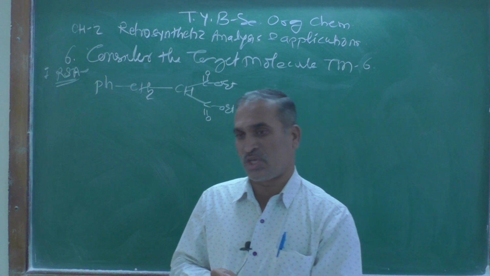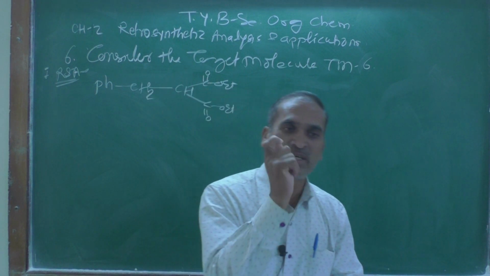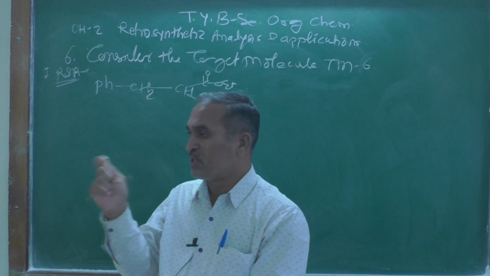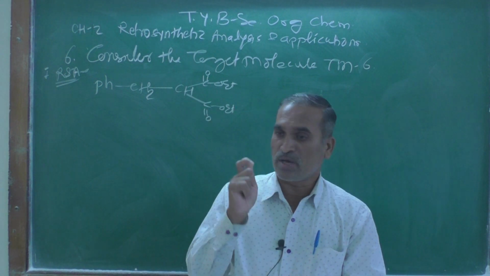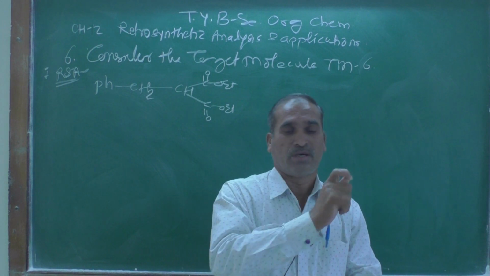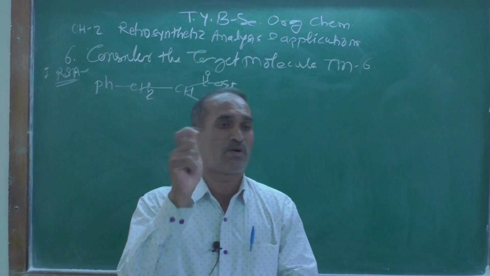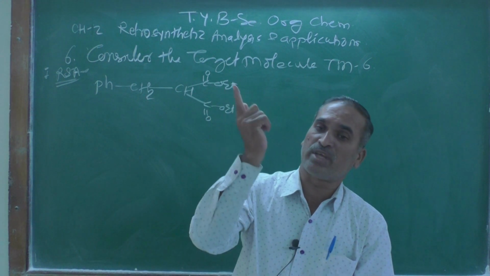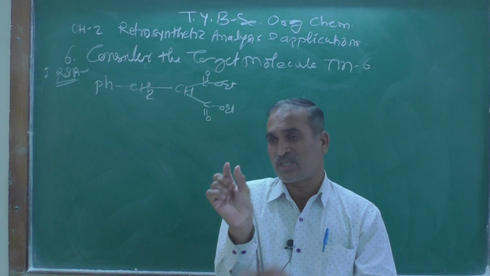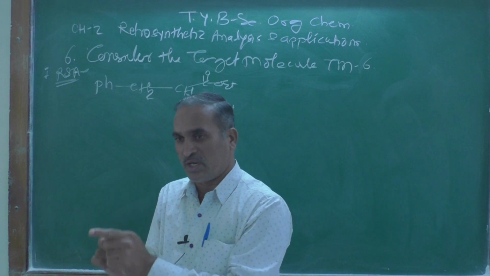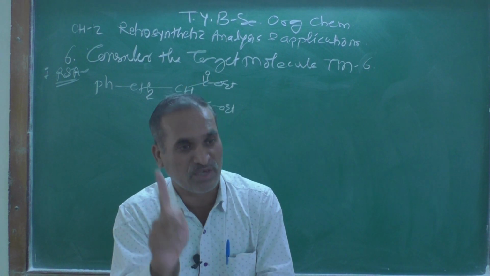The first thing you must identify is the functional group. An organic compound containing a functional group means there is a site of reaction: whenever we add a reagent, only that small part changes, and that particular part is known as a functional group.